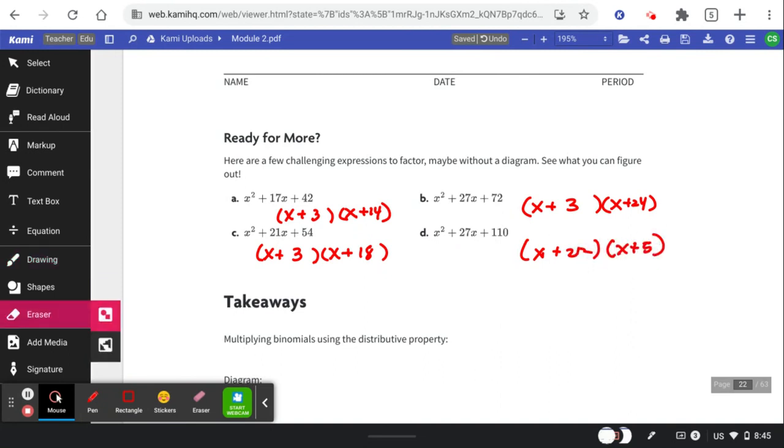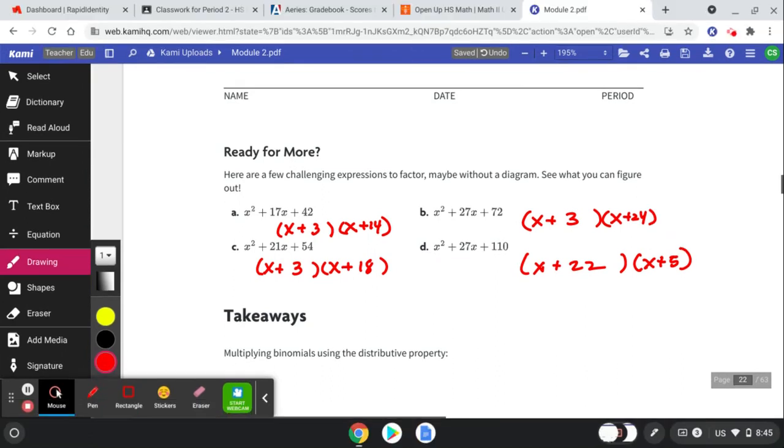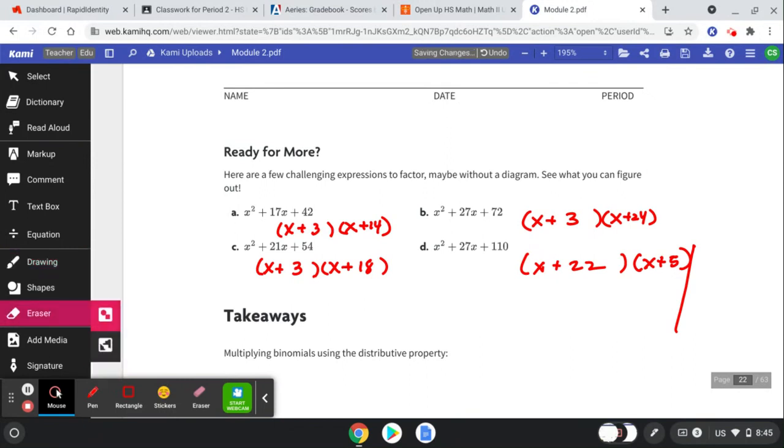All of these were part of the factor pairs that we did way back at the beginning in the warm-up. So if you look back at those factor pairs, you'll see these options. Those ones were kind of like a bonus at the end, not necessary, just for fun.